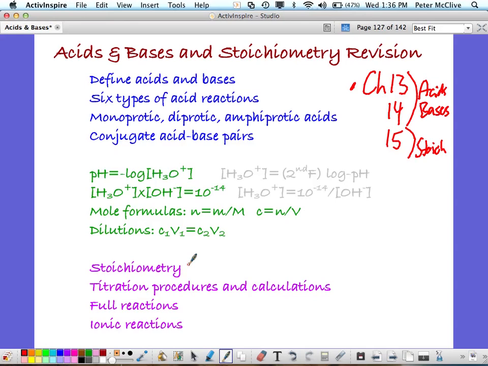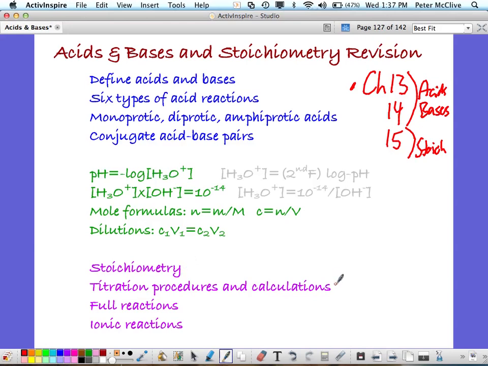Then step 2 is using your mole ratios based on your balanced chemical equation to work out the number of moles of your unknown. And then step 3, converting that unknown mole amount into whatever you've been asked for, grams or concentration or volume, whatever the question asked for. So that's your basic principle of stoichiometry.